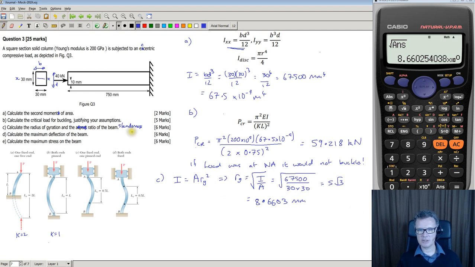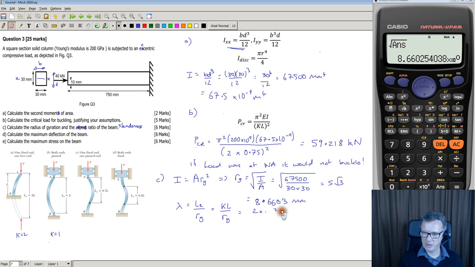Now, assuming this is slenderness ratio, again we don't have a formula for slenderness ratio on the formula sheet, so it's something you'd need to memorize. Slenderness ratio is the effective length divided by the radius of gyration. So that's K times L divided by r_g.